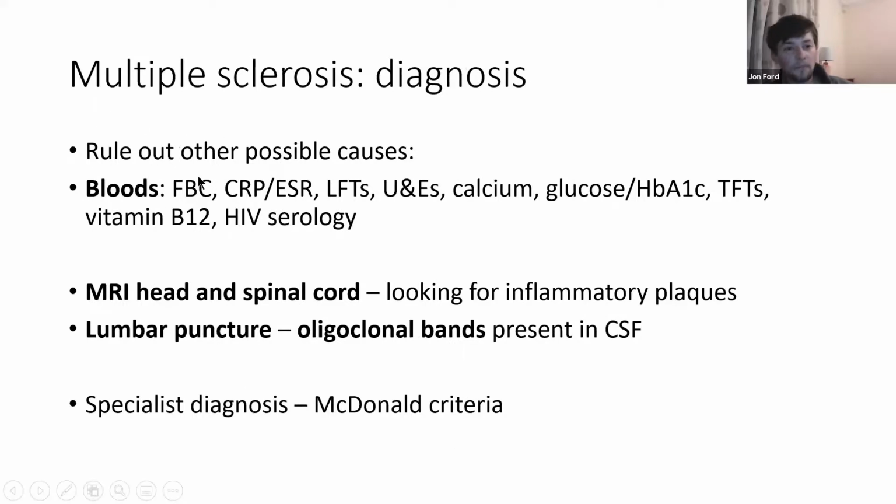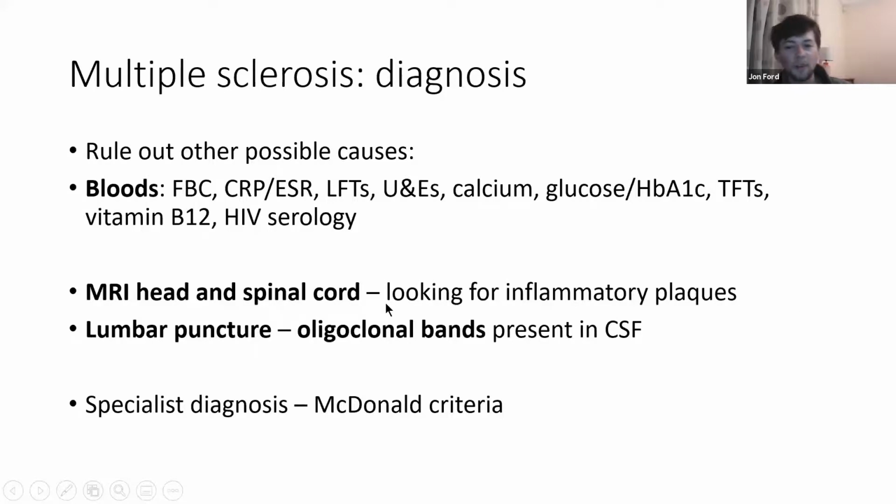As a side note, for OSCEs it's useful to have that structure, going from simple to complicated tests, always starting with bedside and bloods, and then going on to imaging and more invasive tests. The bloods are on the screen, I won't read them off to you. MRI head and spinal cord is a really useful investigation in MS, and you'd look for these inflammatory plaques.